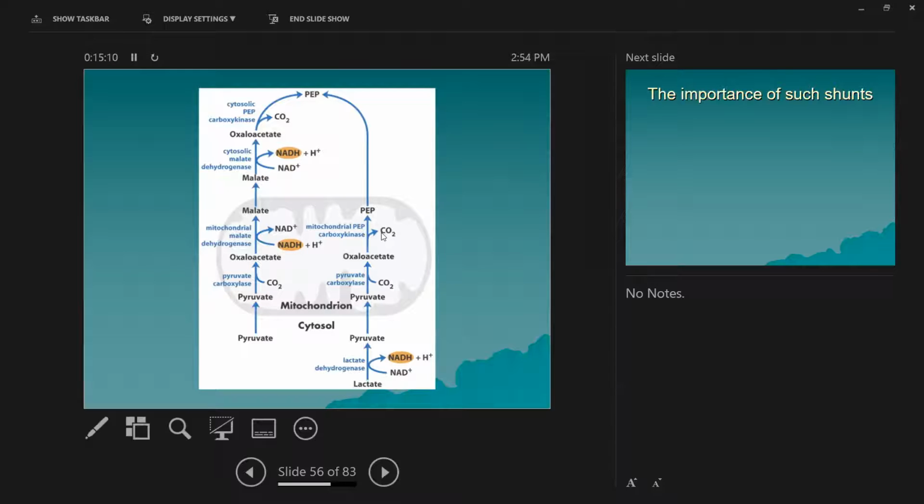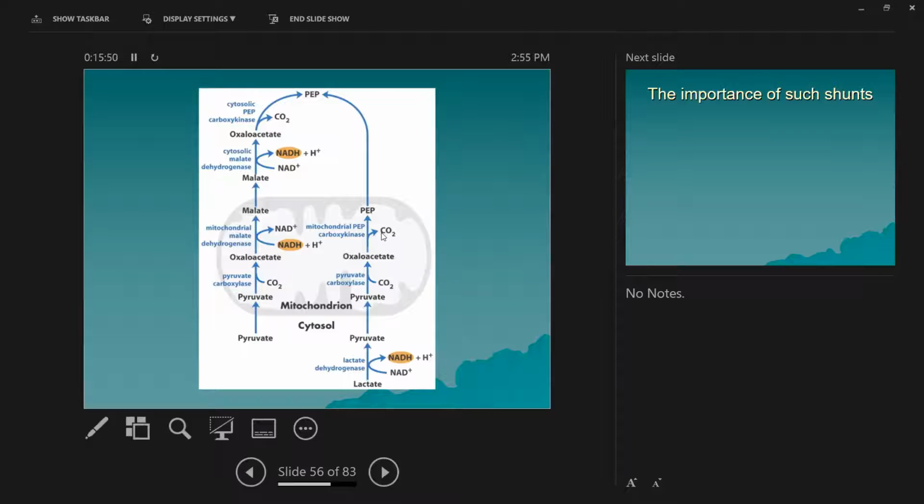Pyruvate can come into the mitochondrion, there's a pyruvate transporter that will do that. Then it will encounter pyruvate carboxylase. Now, if the oxaloacetate encounters a mitochondrial version of PEP carboxykinase, then oxaloacetate gets converted straight to phosphoenolpyruvate. It goes to the cytosol. You pass go, collect $200 and perform gluconeogenesis. Not a problem.